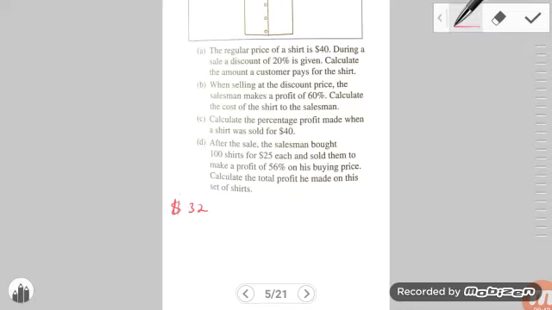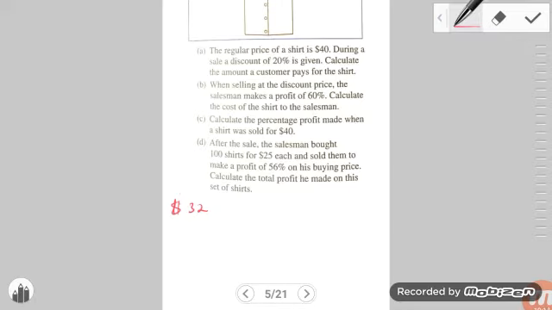Which means that if he had sold it at the price of $40, he would have been making a higher profit. He's currently making 60% profit selling it at $32. He could have been making 75, 80, 90% profit selling it at $40.